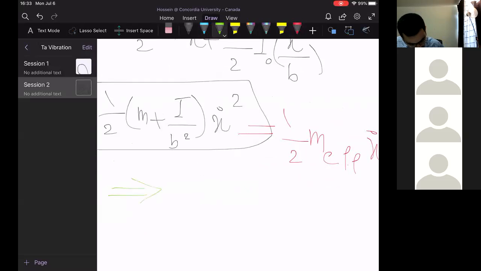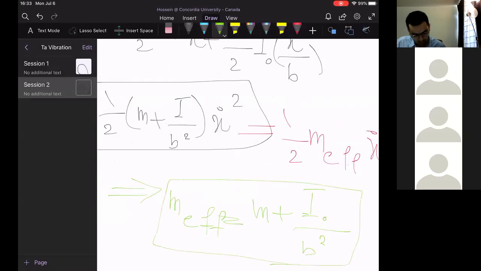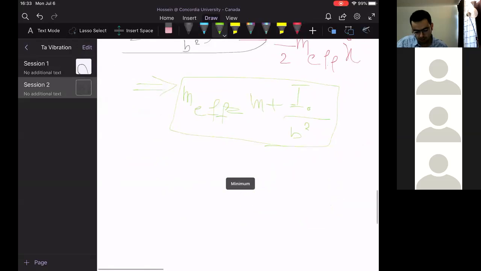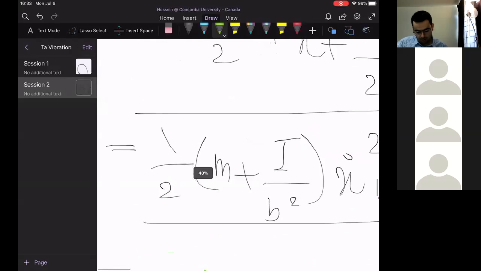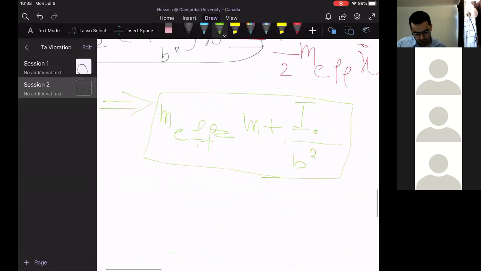Therefore, effective mass is m plus I over b squared. This is the final answer. You have to reach this point. This is a complete answer, right? This equation is not the effective mass yet. So this is the effective mass, and similarly we could write the effective stiffness.